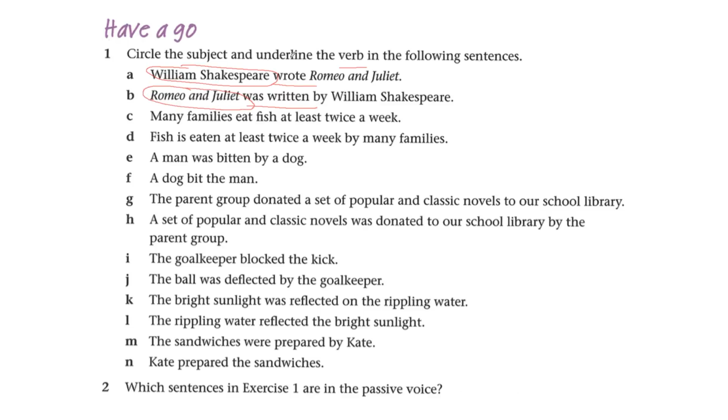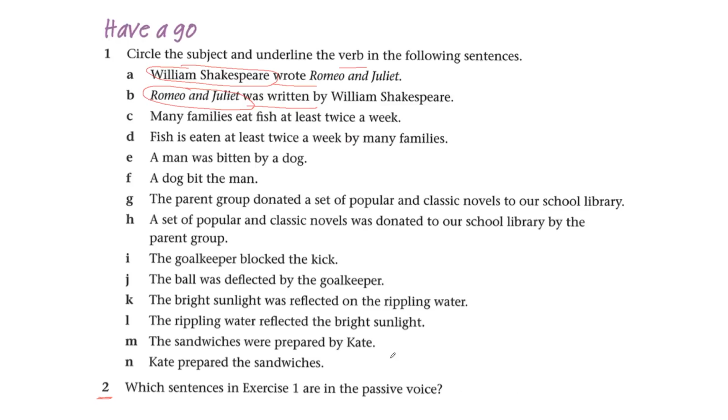Now, all we are doing is looking at the subject and verb in the sentences. You're not actually identifying which is active and passive in this case. So go through and see if you can highlight the verbs and the subject in each of those sentences. It's not until you get to question number 2 here that you have to work out which are passive and which are active.